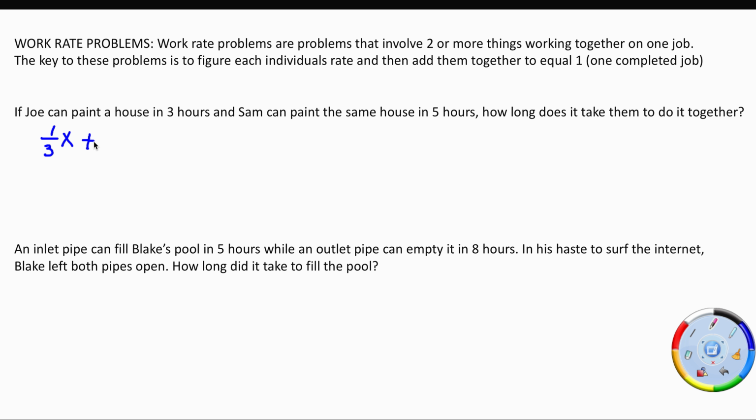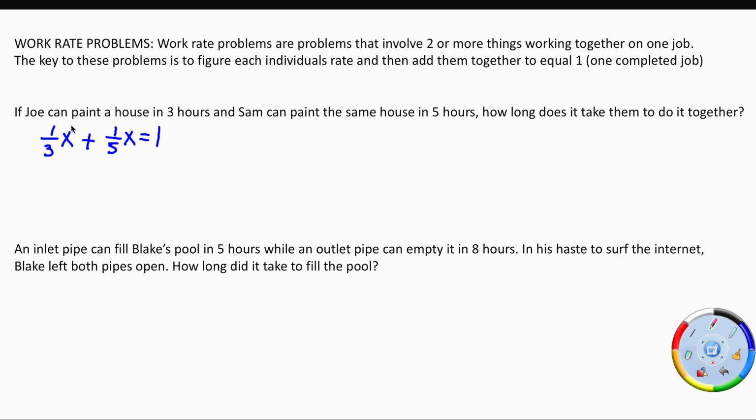And then he's working together with Sam, so I'm just going to add Sam's painting rate to it. And it's always going to equal 1. In this case, when is one house going to be painted? When is one job going to be completed? And there's our equation.